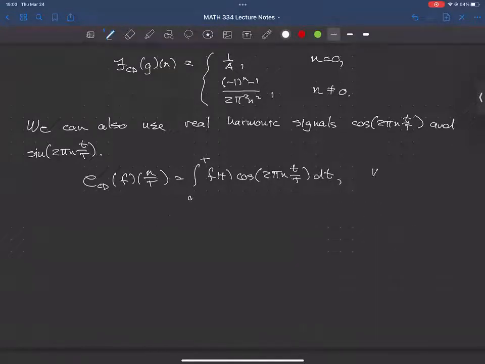You can do this for any non-negative integer n. And then there's the sine transform.